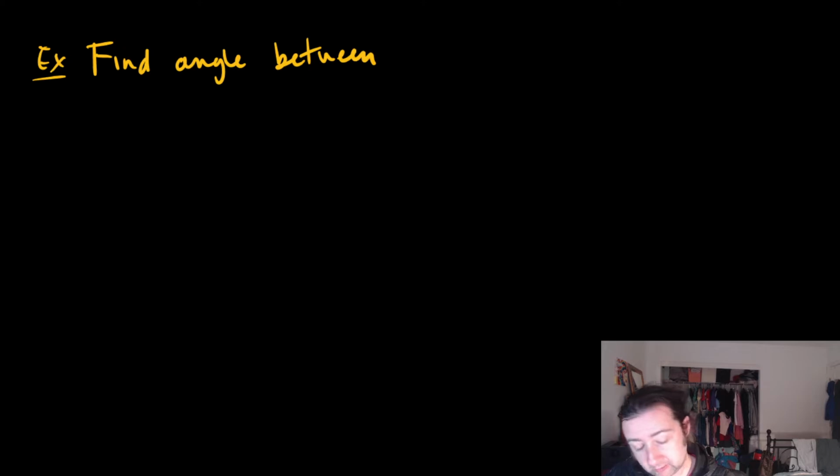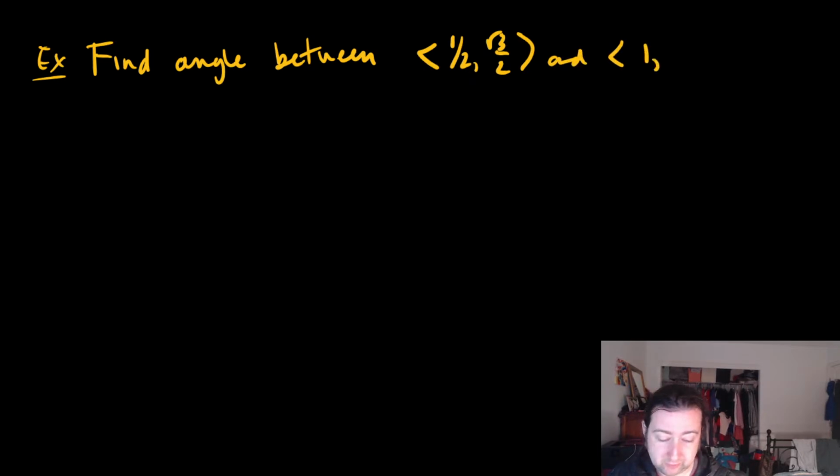So I could say something like, find the angle between, say, the vector 1/2, root 3 over 2. That should look familiar to you. And 1, 0.